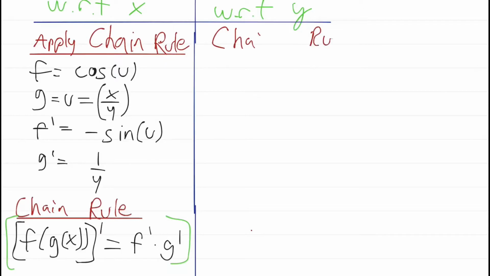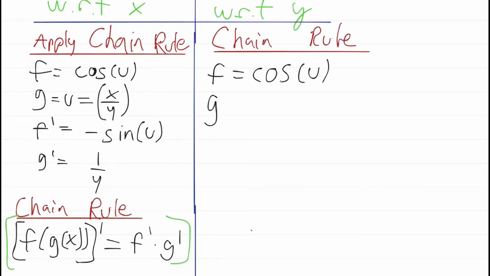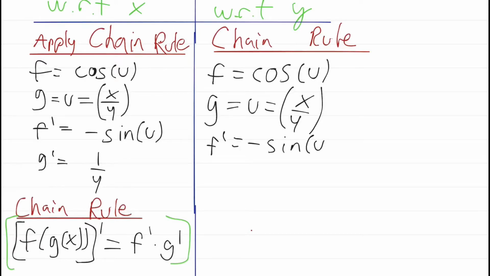So that is our partial with respect to x. Now with respect to y, we again apply the chain rule. We set up our f and our g. We know f is cosine u, and our g is the inside function, u, which is x over y. For f prime, the derivative of cosine u is the same as last time, negative sine u.